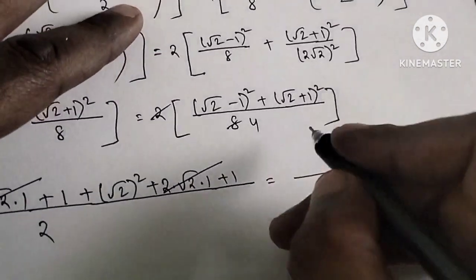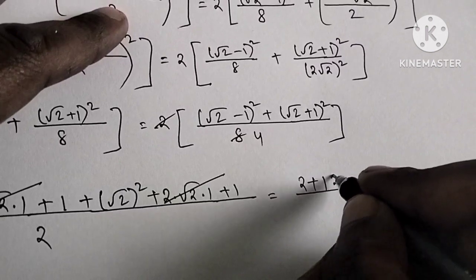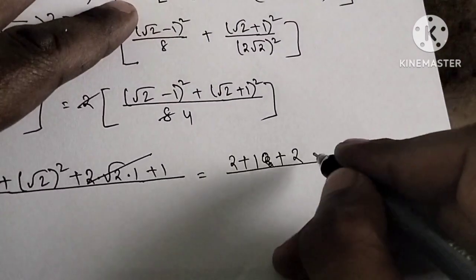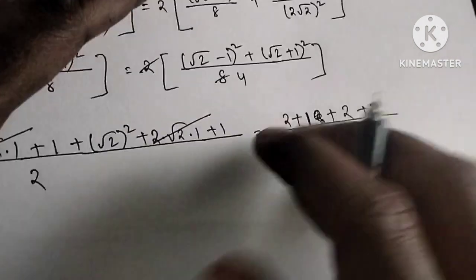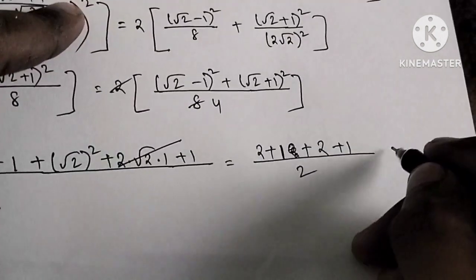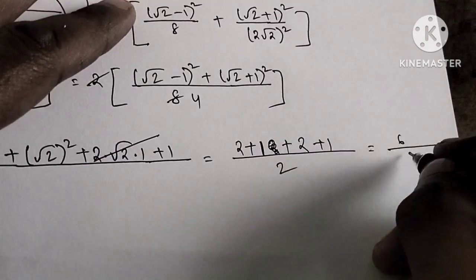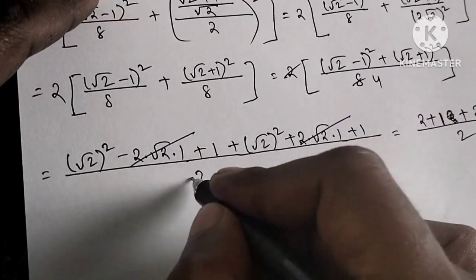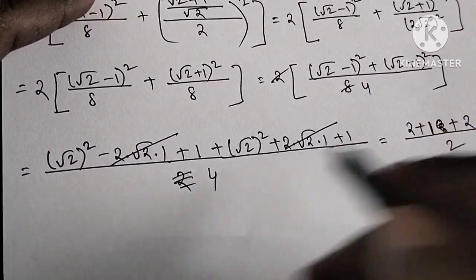Root 2 square is 2 plus 1, plus again root 2 square is 2, plus again 1. So 2 plus 1 plus 2 plus 1, and in the denominator 2. So 2 plus 1 is 3, 3, 4, 5, 6 by 2. Acha, not 2, it is 4 actually, okay? 2 4s, so it is 4.